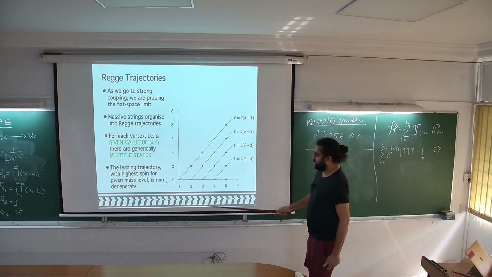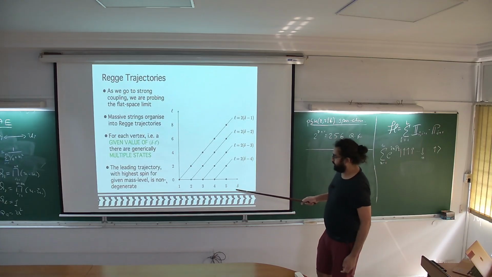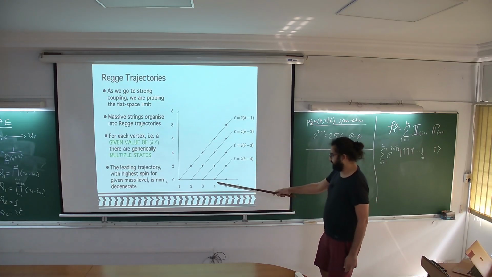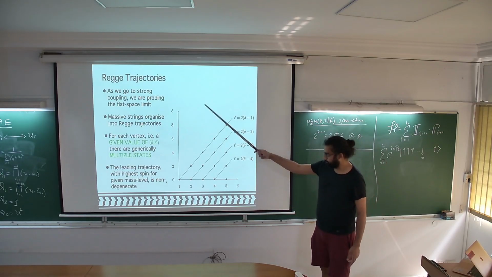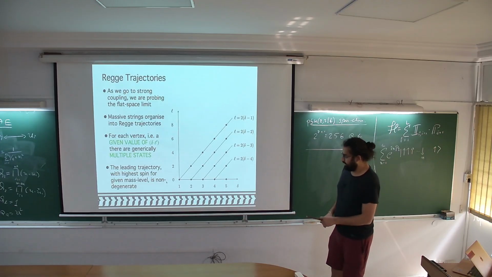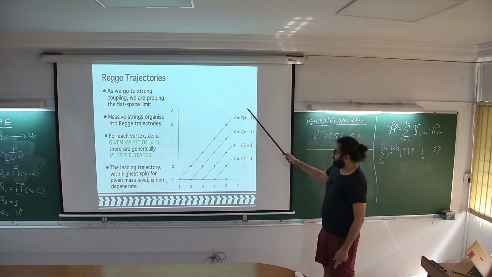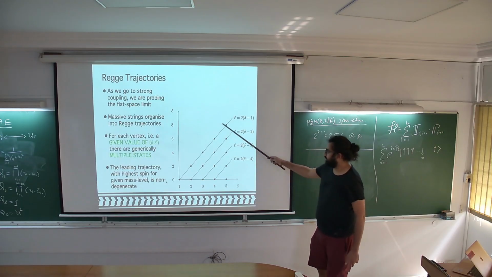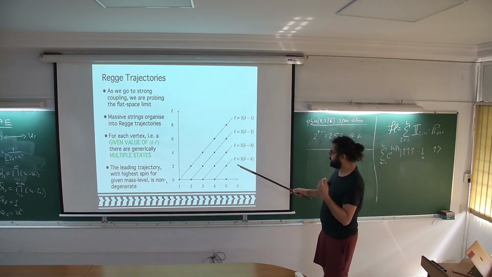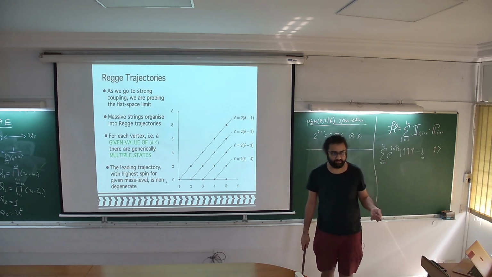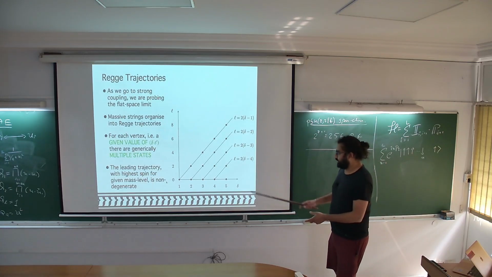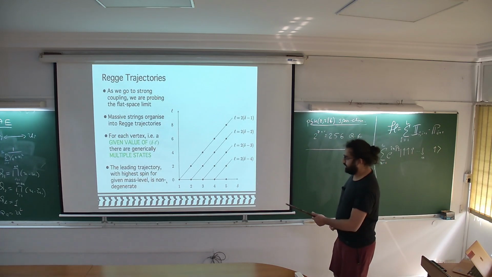You can make a Chew-Frautschi plot like this, where you have mass levels and spins going up, and the states which have the least value of spin for a given mass level form the leading Regge trajectory, and then you have subleading Regge trajectories as well.